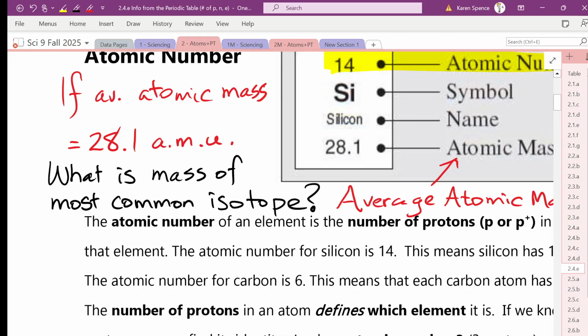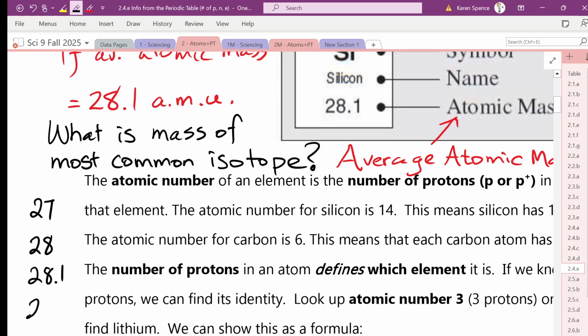I think it would be because it's the one that's called the average. Probably not 3, but I'm going to give you some choices here. It can't be 3. I think it's 28. Yeah, I want to say 29.